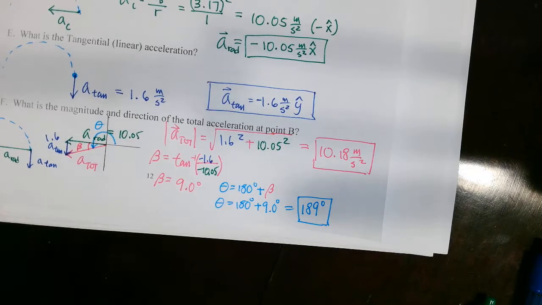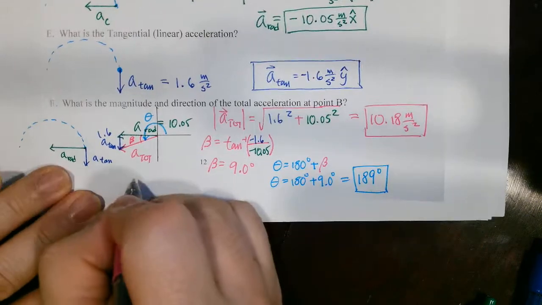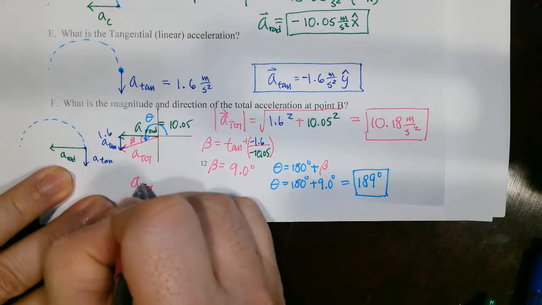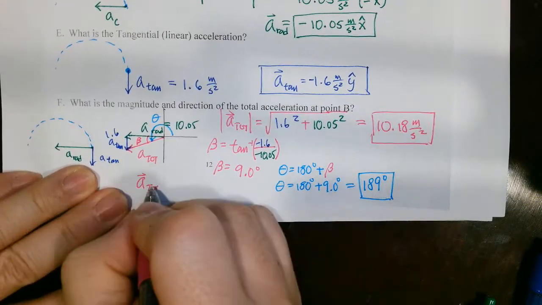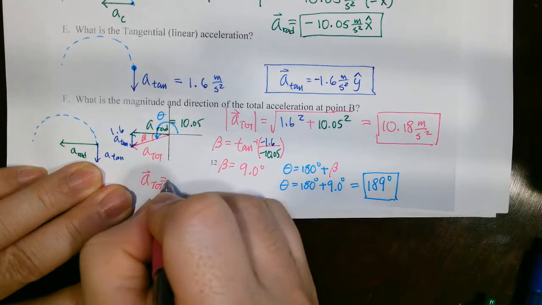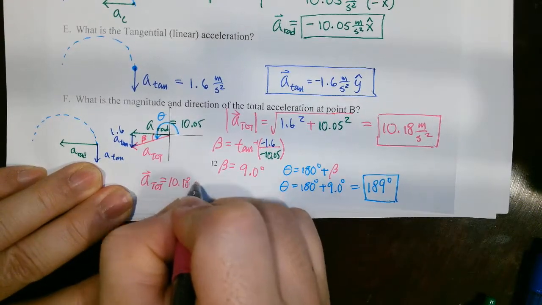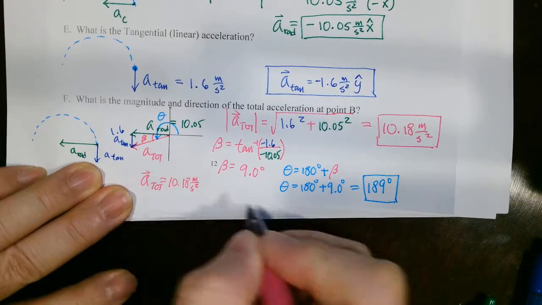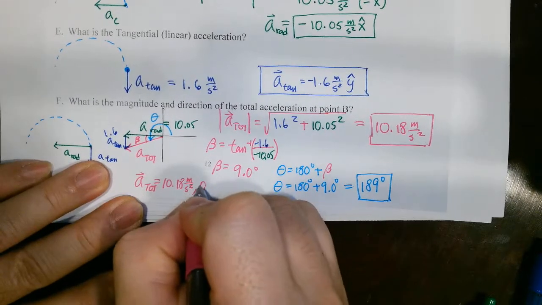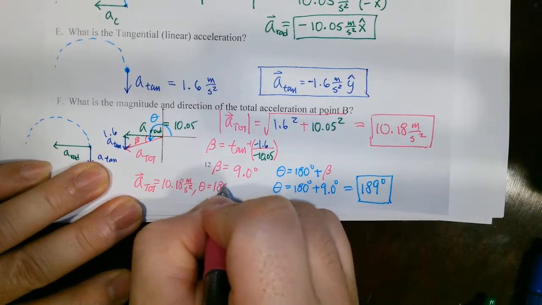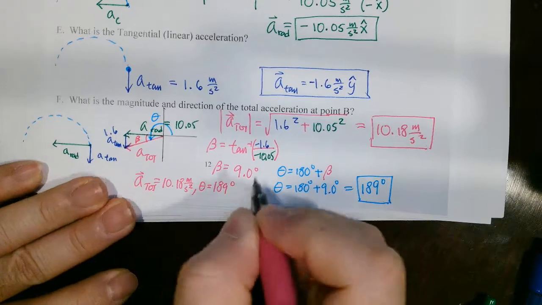Okay? So if you were to write my A total in the magnitude and direction form, it would be 10.18 meters per second squared, comma, theta is equal to 189 degrees.